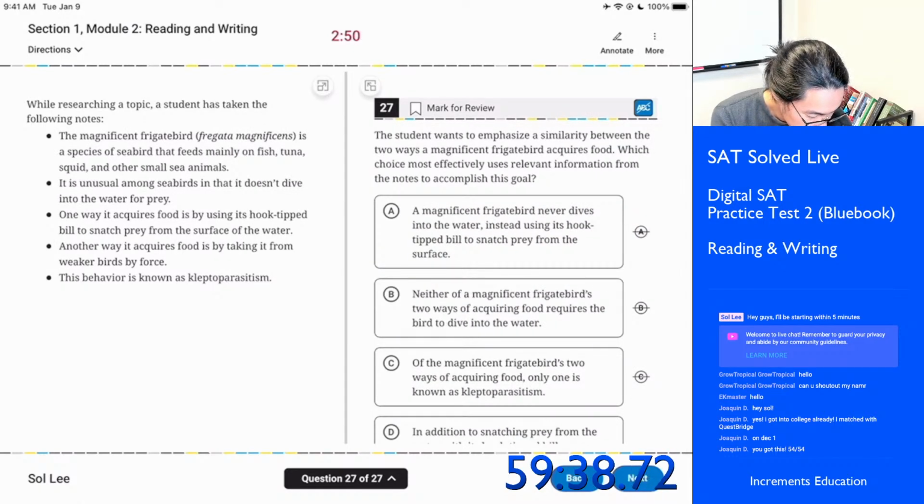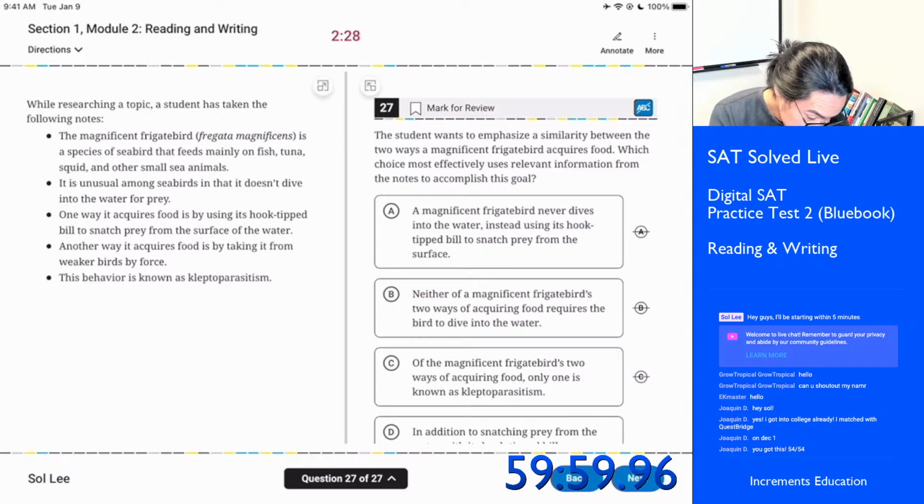Last question. Feeds mainly on fish, frigate bird. Unusual, it doesn't dive, it just uses to snatch prey from the surface. Also, it steals. So a similarity between the two ways that it acquires food.